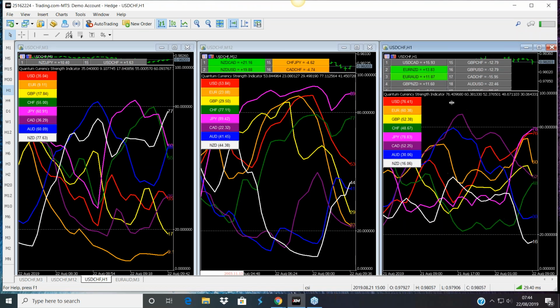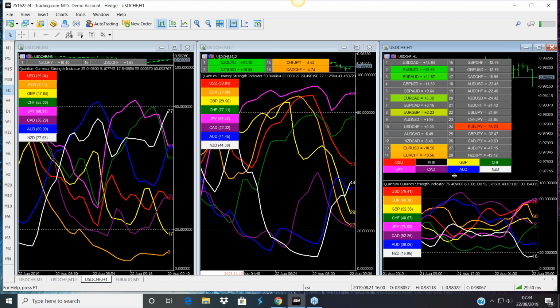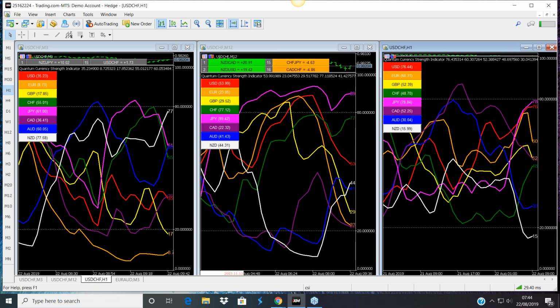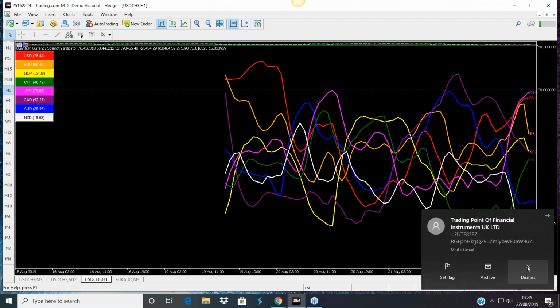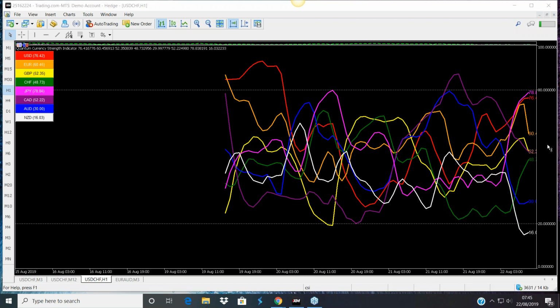I actually have two indicators on this chart. I have the CSI itself, which tells me what the individual currencies are doing. At 6 o'clock this morning, when I turned on my computer, this is what all these lines tell me had been happening in the markets.